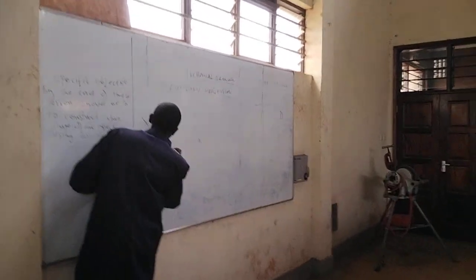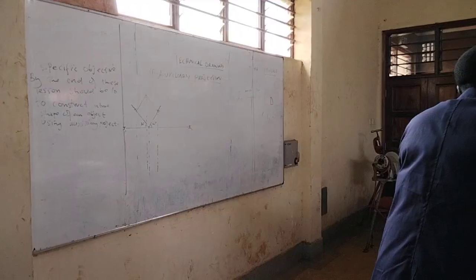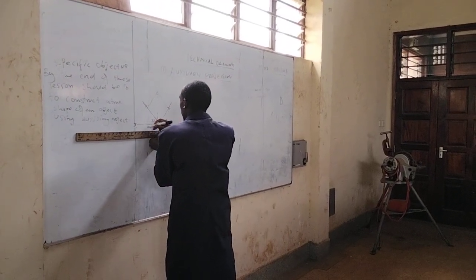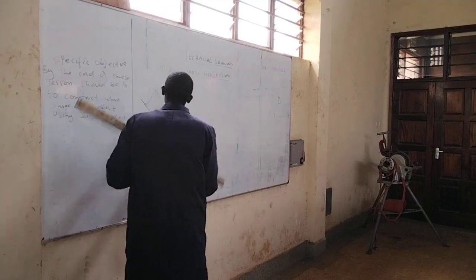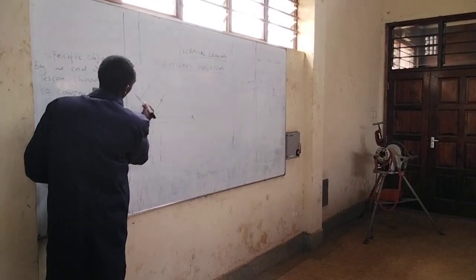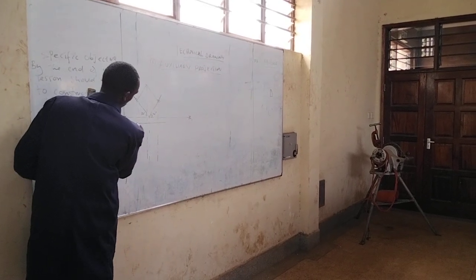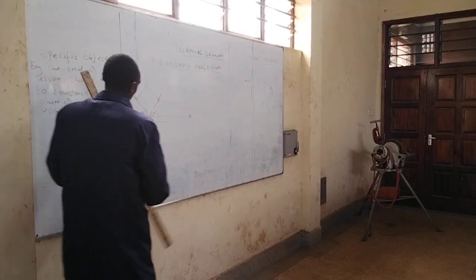Let's draw another line here where we can start drawing our plan elevation. You measure the distance, which is the same as this one, 50 millimeters from here to here, and then you join.